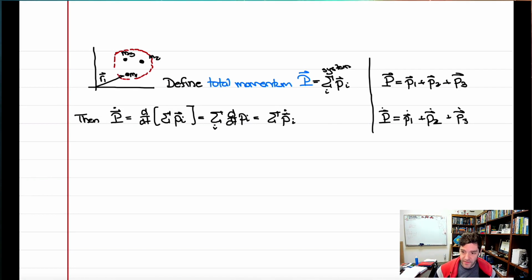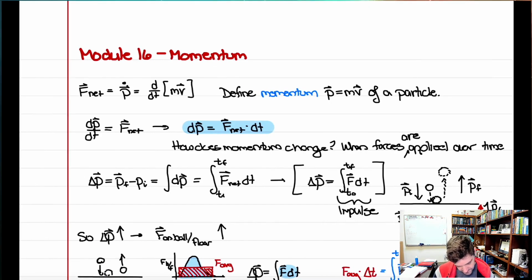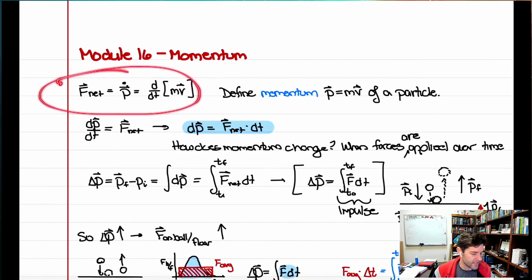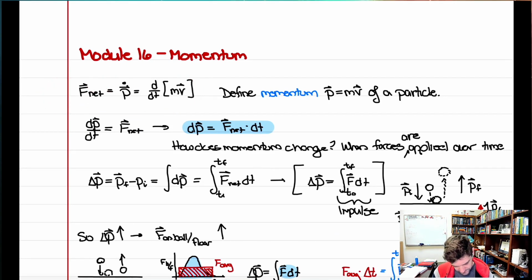Now we have to draw from the fact that, let's even just go back and look. The derivative of a particle's momentum is just equal to the net force acting on that particle.